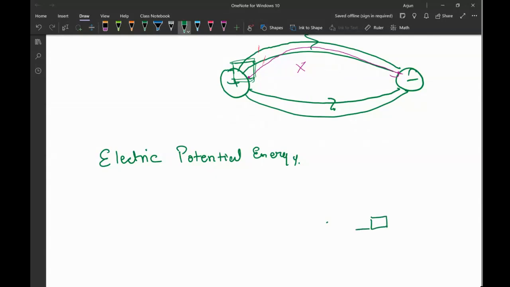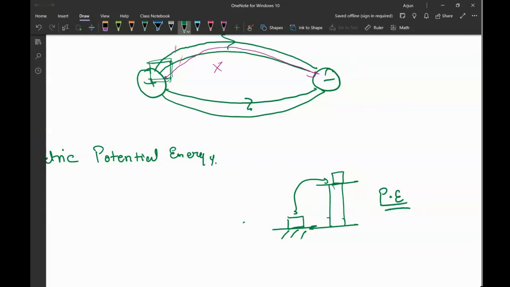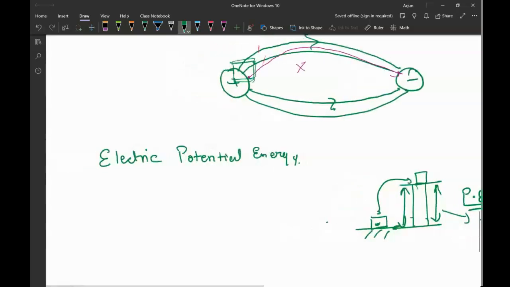If this object is placed on the ground, and you want to place it on top of this cliff, what kind of energy is stored in it? The energy stored is potential energy, by virtue of its height, and I can calculate that energy with the formula mgh: the mass of the object multiplied by gravity and the height at which you place it. A similar concept we can use for electric potential energy.